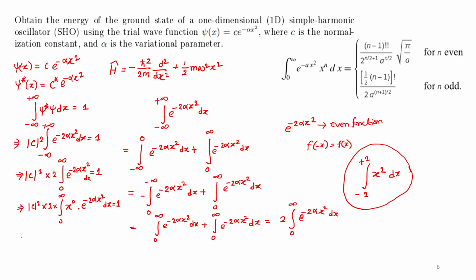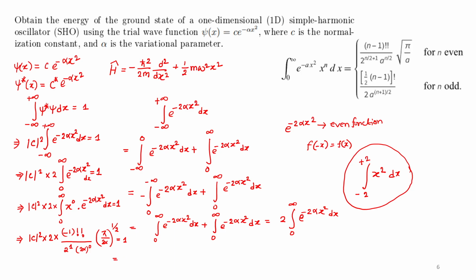So here you are going to have c square multiplied by 2 multiplied by minus 1 double factorial divided by 2 to the power 1, and then 2 alpha to the power 0 and pi by 2 alpha. Your a is 2 alpha, that is why I am writing pi by 2 alpha to the power half. That is equal to 1.